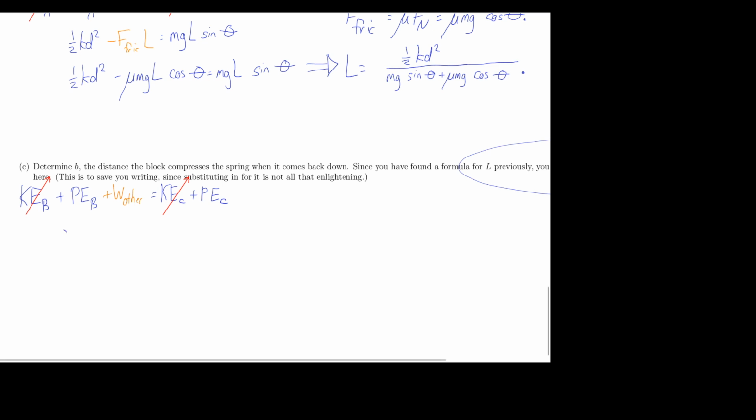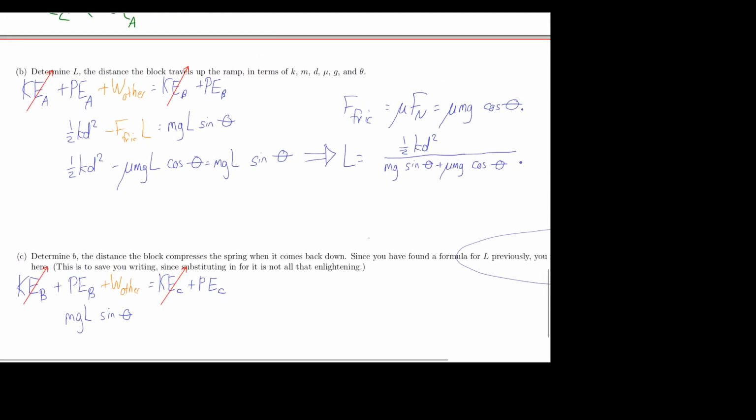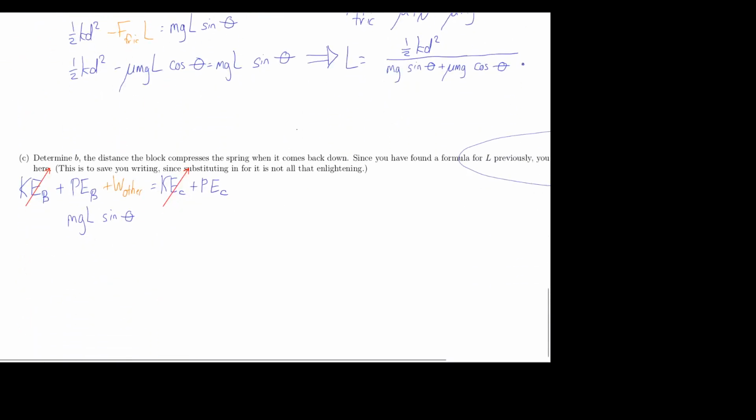So now we have mgL sine theta. The work being done by friction on the way down is again negative. This is important. Friction, when you're going down, points up the ramp. So in both cases, you have the frictional force opposing the motion. So minus mu mgL cosine theta equals 1/2 kb squared.